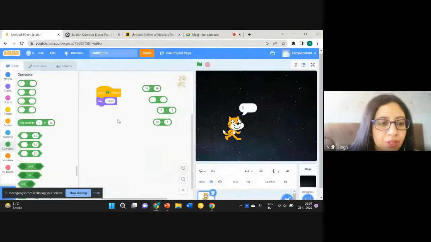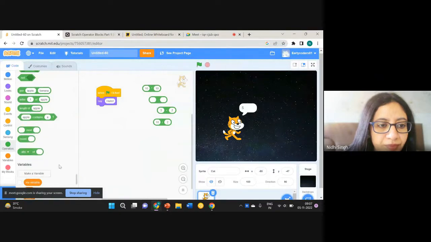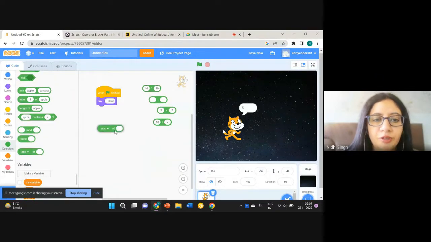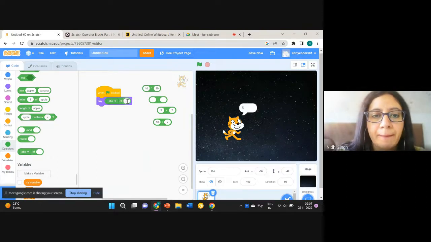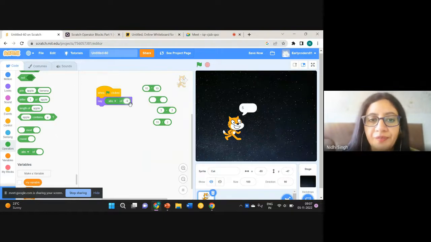Now just drag this block. First drag the last one. ABS means absolute. Now what is the meaning of absolute? Absolute means whatever negative number, like if I'm giving -9, even if you give a negative number, it will convert it into positive. It will give you the positive result.